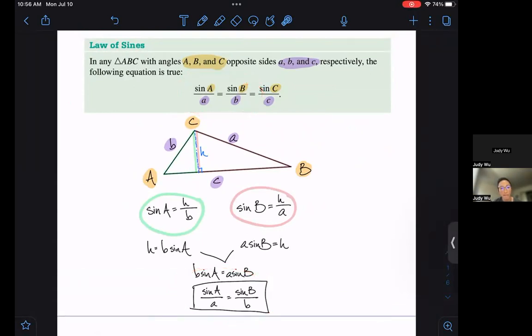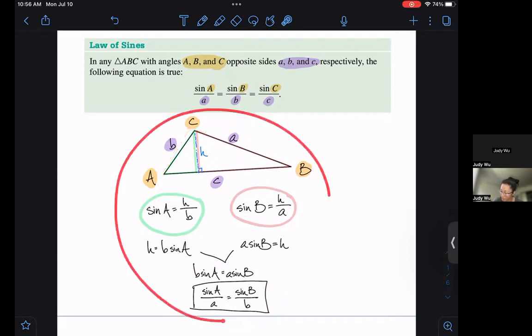Now it turns out that if we do the same thing, but maybe we draw the height to little b, okay? So maybe that looks something like that. Or if I do the same thing where I draw a height to little a, maybe that looks something like that, okay?